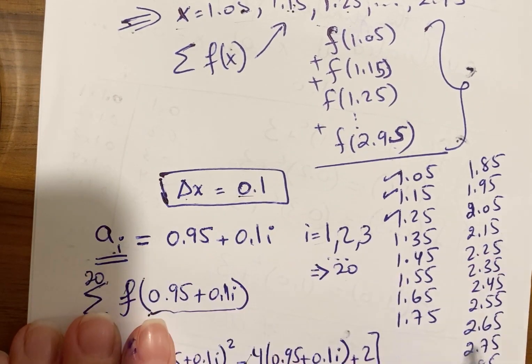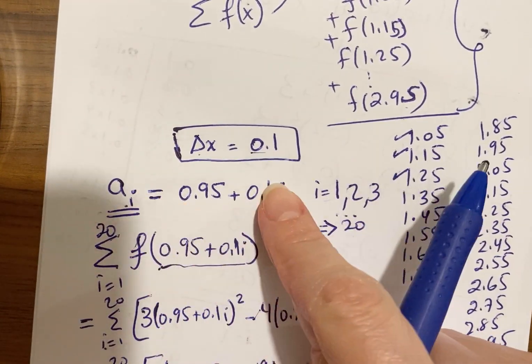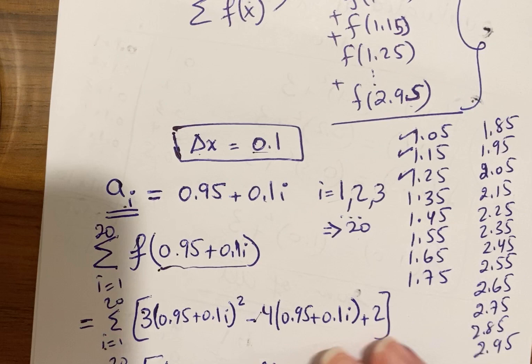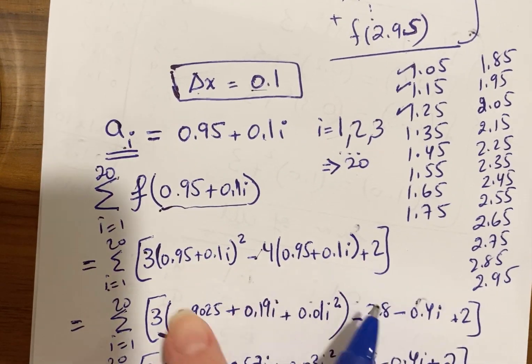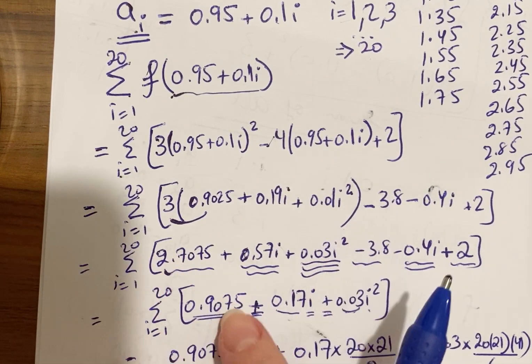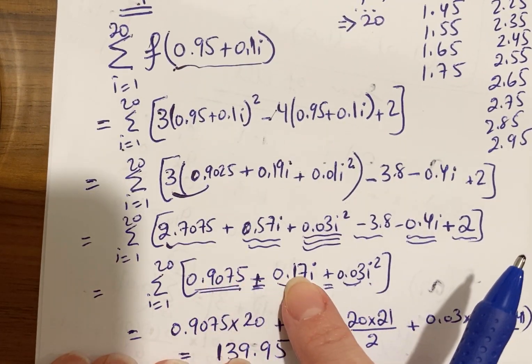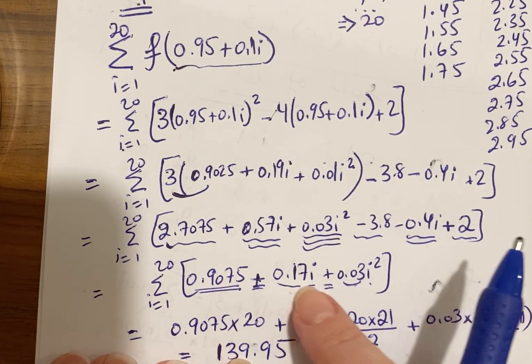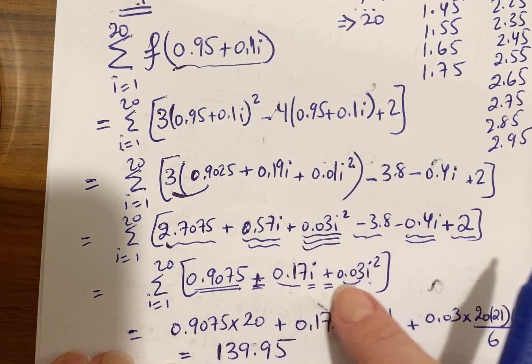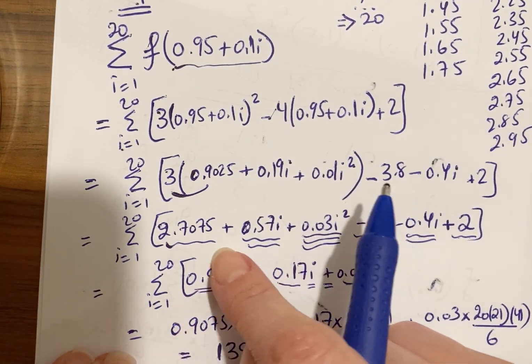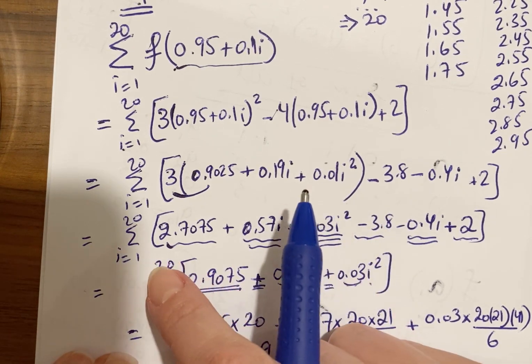Then when you have the shape of a_i, you substitute this a_i in the function that they gave you, which is 3x squared minus 4x plus 2. Then we expand it, we add the constants to each other, the i similar terms to each other, and i squared to each other. Then we do the summation of each, remembering that the sum of a constant is the constant times n.